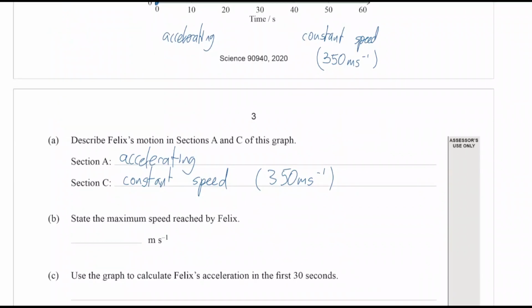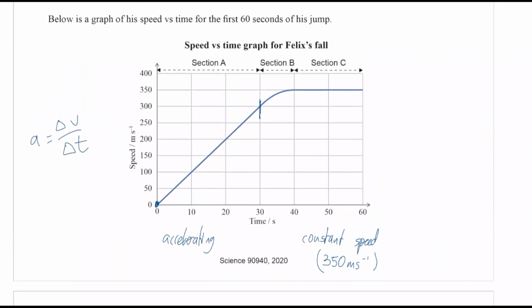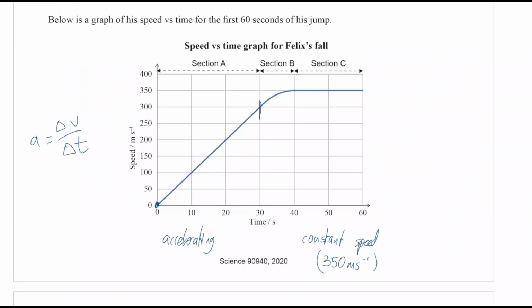Question B, state the maximum speed reached by Felix. So from this graph, we look at our curve, and where is the highest value on our speed axis? Well, that's actually in section C, and that would be 350 meters per second, his maximum speed.